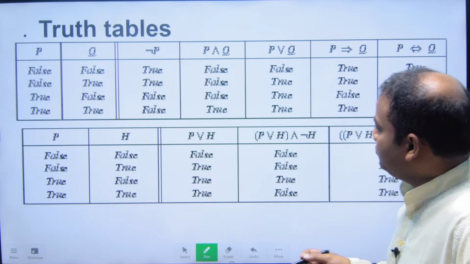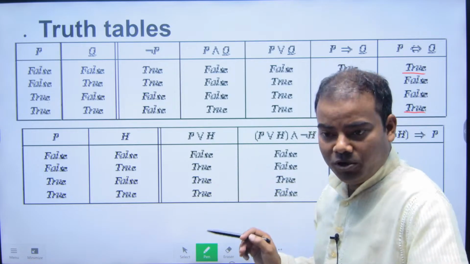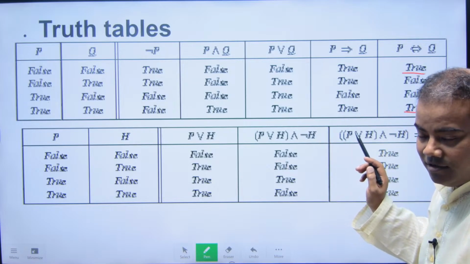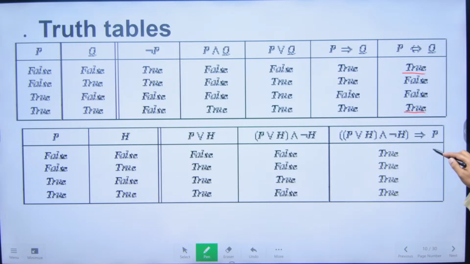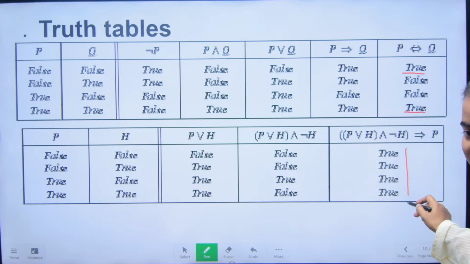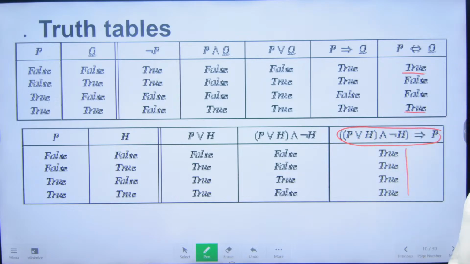For example, if P and H are given, you can find the truth value of P or H, and of P or H and not H. Is it clear? Based on that you can find that this is equivalent to P. If everything is true, it means this is a tautology, or you can say that this statement is always true, or that this entails this thing. Okay. So using a truth table you can do it. Any doubt here?